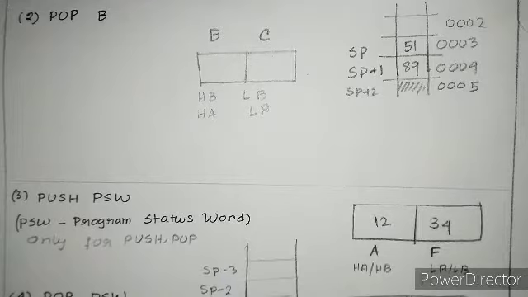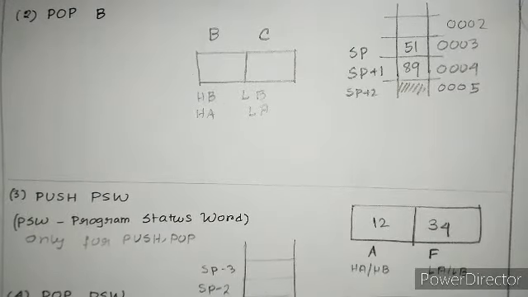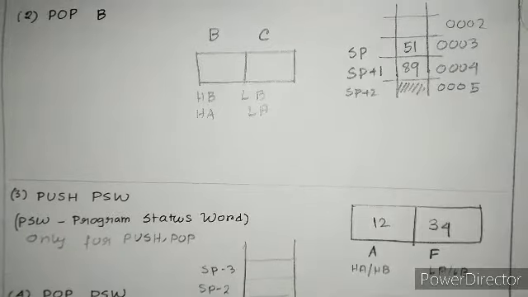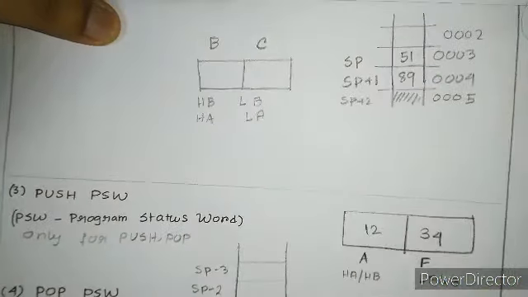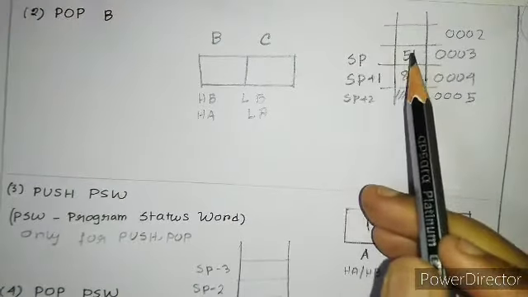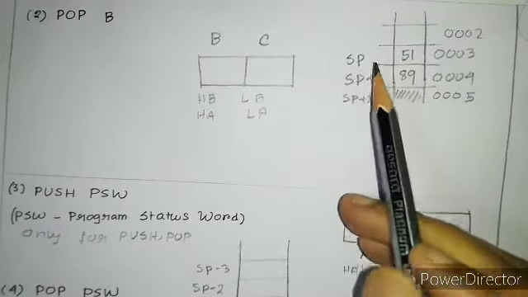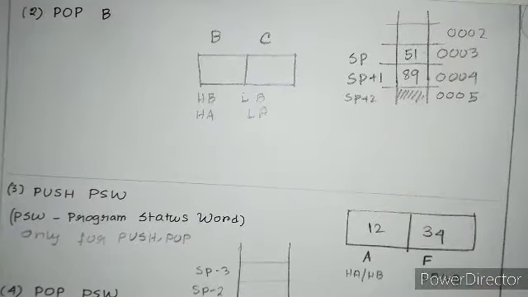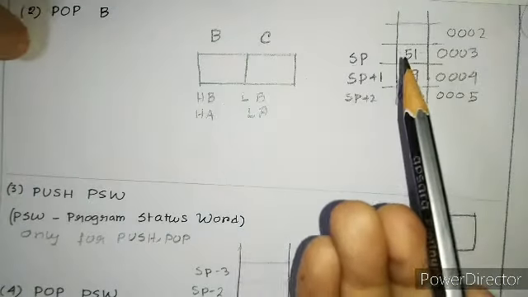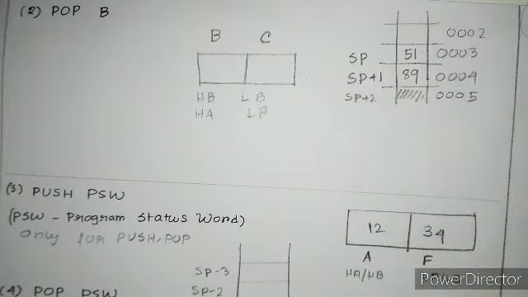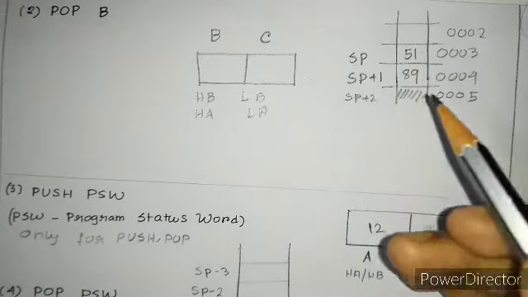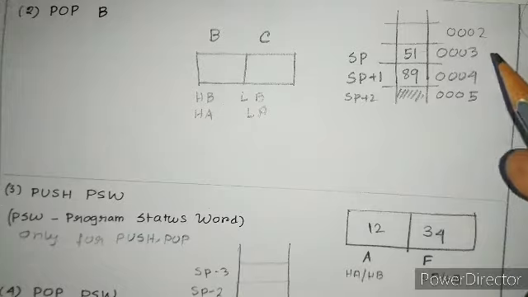Next is pop. We will learn pop with the help of the previous example. As we can see, now we have 51 here and 89 here. So 51 is at the top of the stack, so this is SP now and this is SP plus 1. We want to get this data, 51 and 89, into B and C. First 0003, this is the lower address.